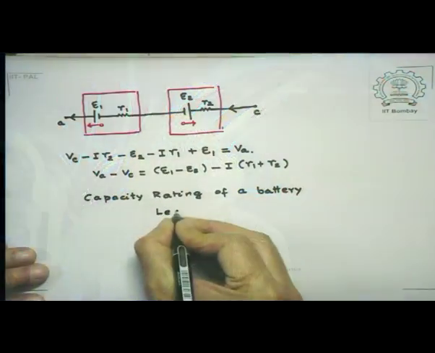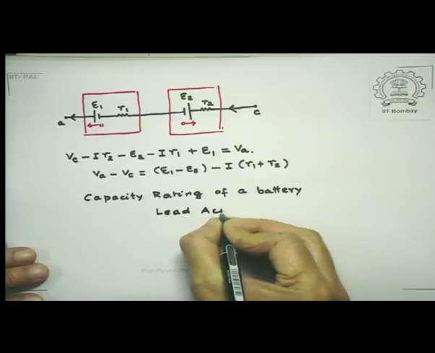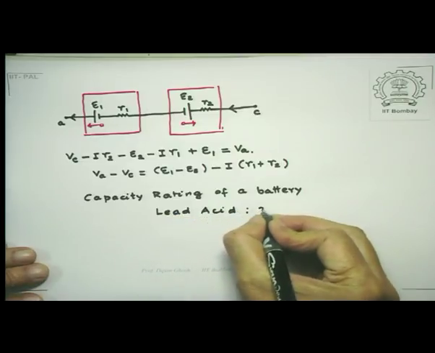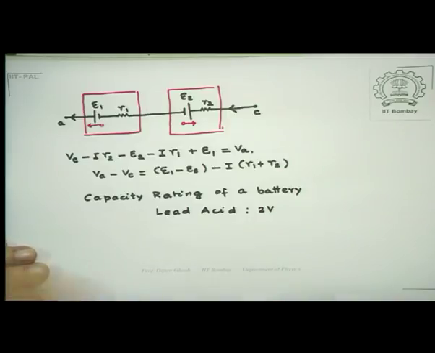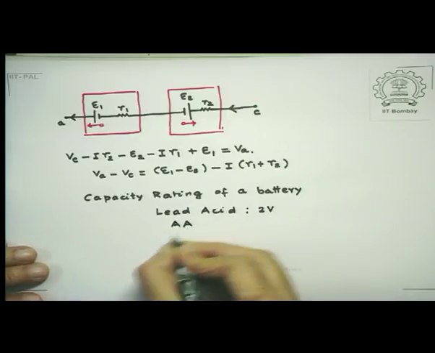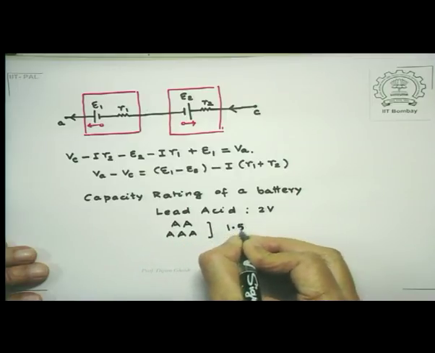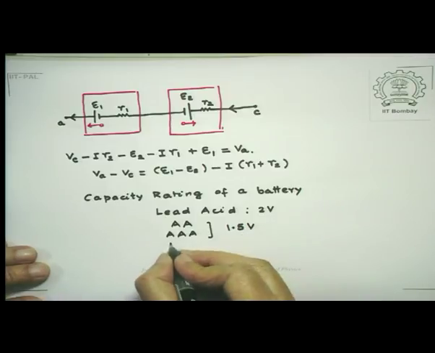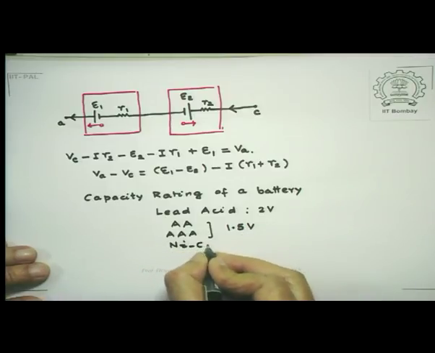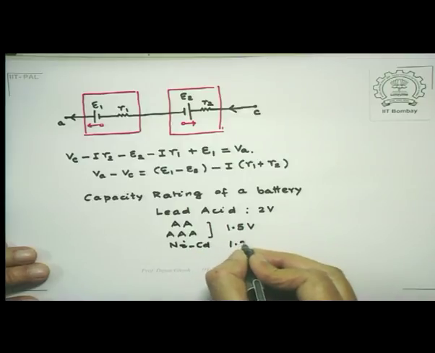In the market, there are usually assorted voltages and ratings available, and typical, for instance, is lead acid batteries, which supply you 2 volts. The more common AA or AAA batteries supply you 1.5 volts. Nickel cadmium battery, which is another common battery available, gives you 1.2 volts.